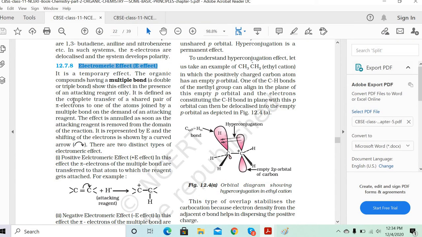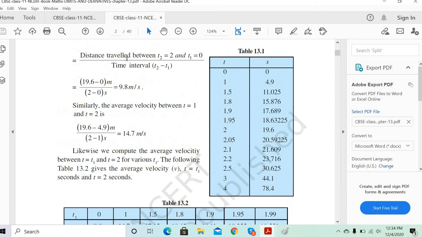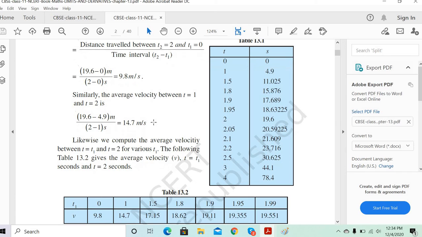Okay, Danisha, did you understand what's happening in table 13.1 and table 13.2? Yes, sir. Okay, what did you observe? So in table 13.1, they're finding the average velocity between two time intervals.